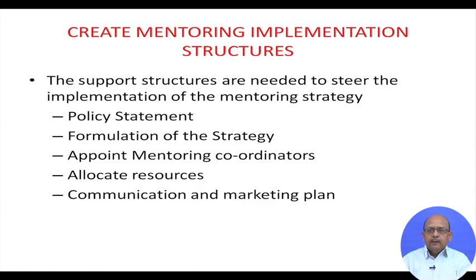So, your policy statement includes these things, and if that happens, probably you will be able to convince the top management, right. Then you also state your strategy that is related to mentoring. It means that how mentoring would be carried out in the organization, right.